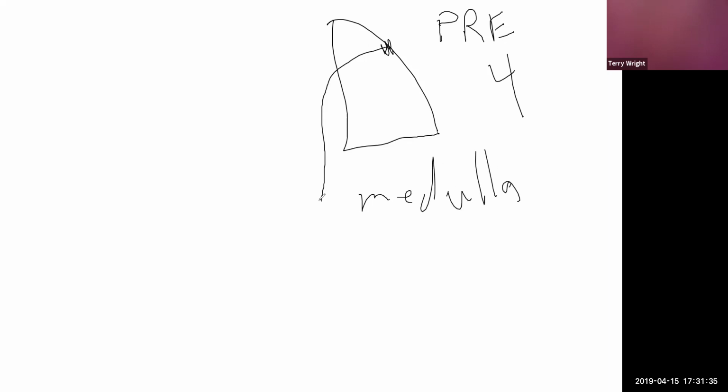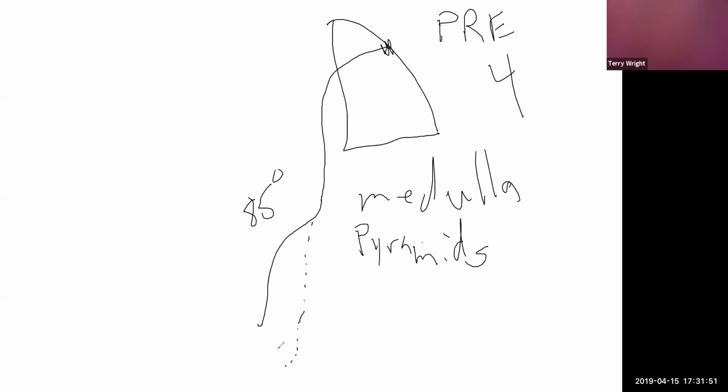And most of it crosses over. So 85% crosses over in the pyramids. And a little bit, 15% goes on down, is the anterior corticospinal.